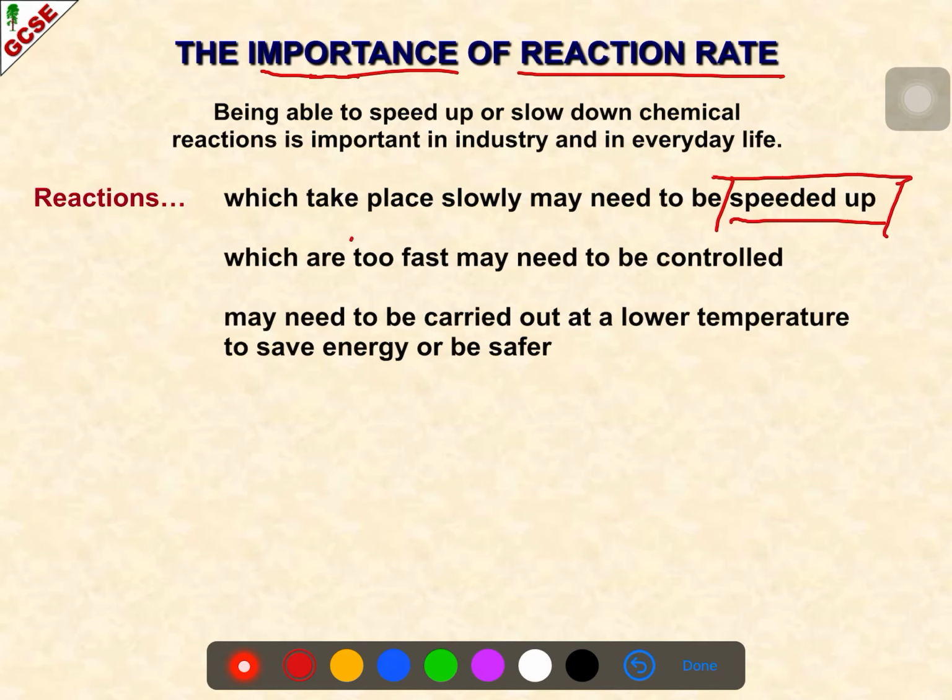And if it's very fast, how can you control the reaction? There are reactions that you want to speed up, and reactions that you want to control or slow down. How are you going to do that? Using our knowledge here.